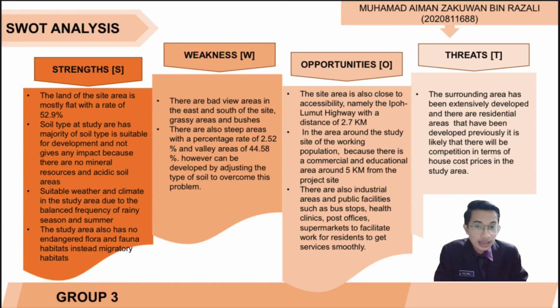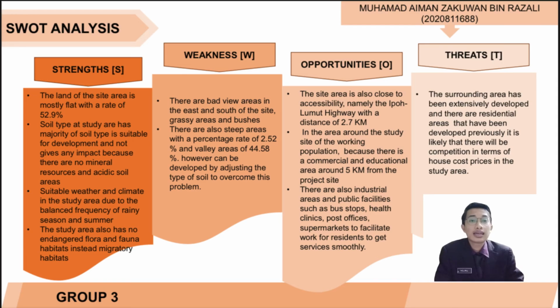The majority soil type at the study site is suitable for development because it has no negative impact on these projects. And then there are no mineral resources and no acidic soil areas.